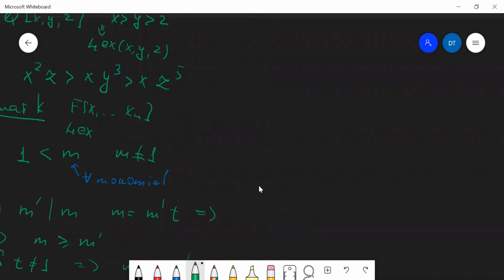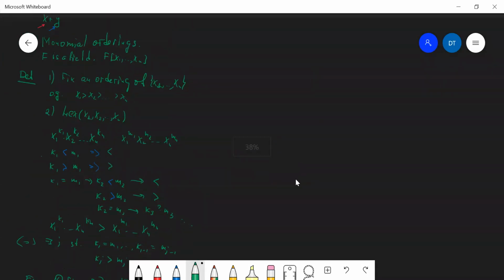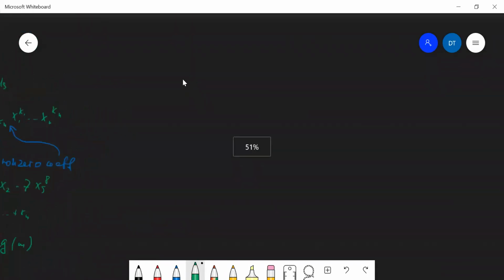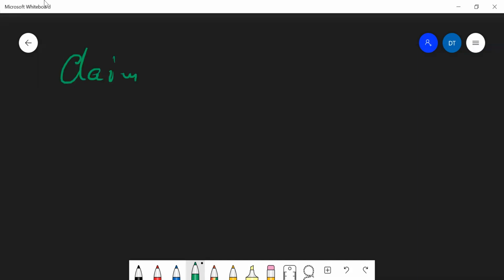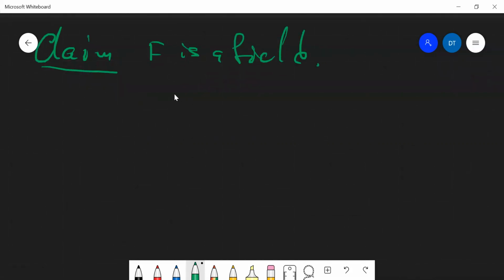Okay. Now I want to prove the main result about the lexicographical order. Okay, the claim. Everything is based on this claim. So suppose F is a field. We consider the ring of polynomials in n variables, x1, ..., xn, and we're given some lexicographical order.